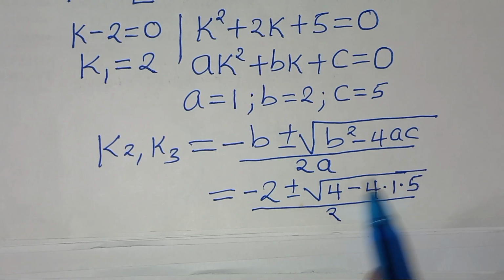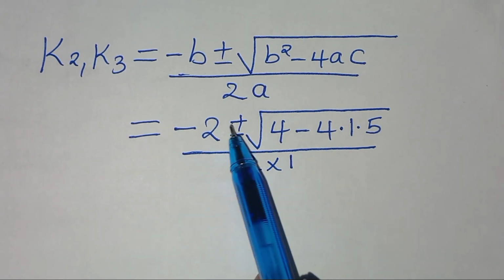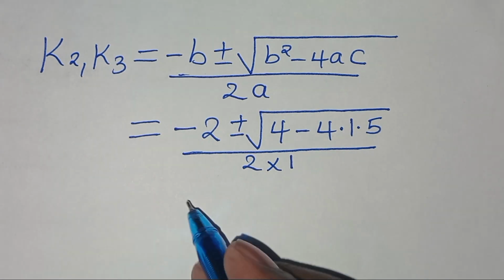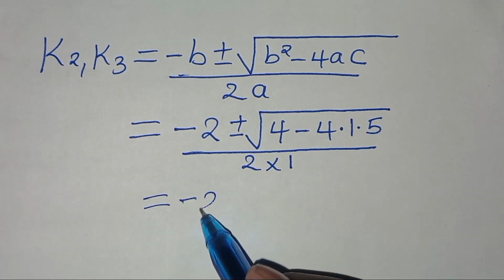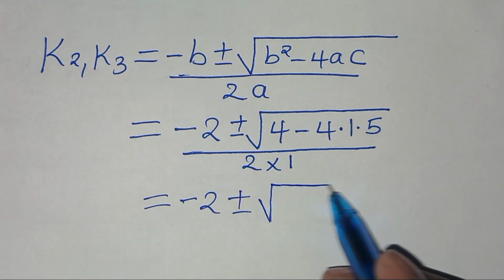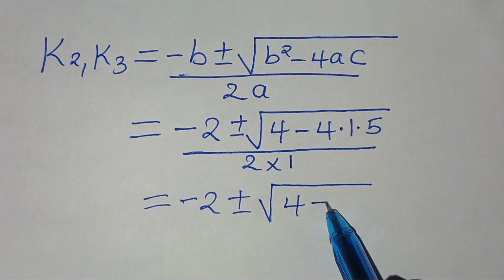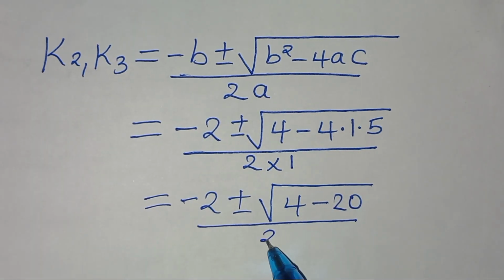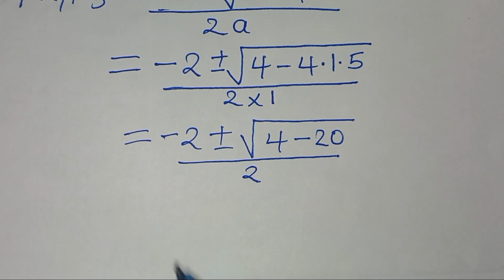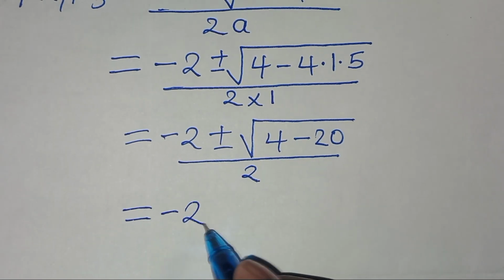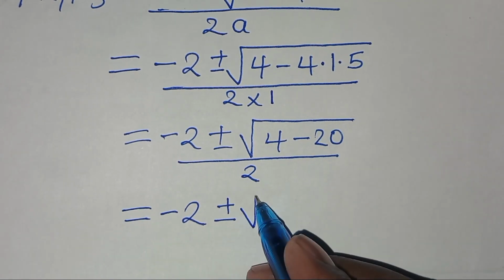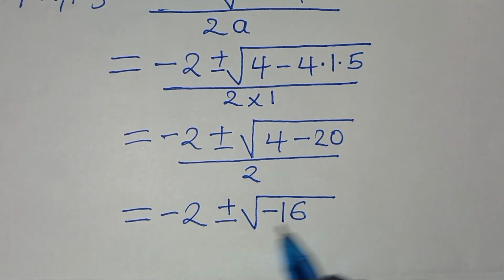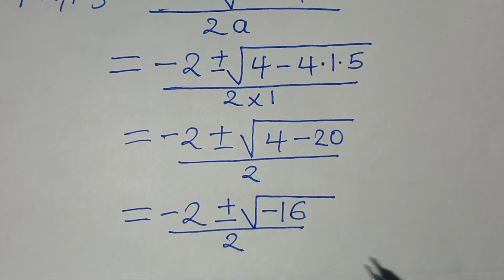So we have minus 2 plus or minus the square root of 4 minus 20, this is minus 16, divided by 2.